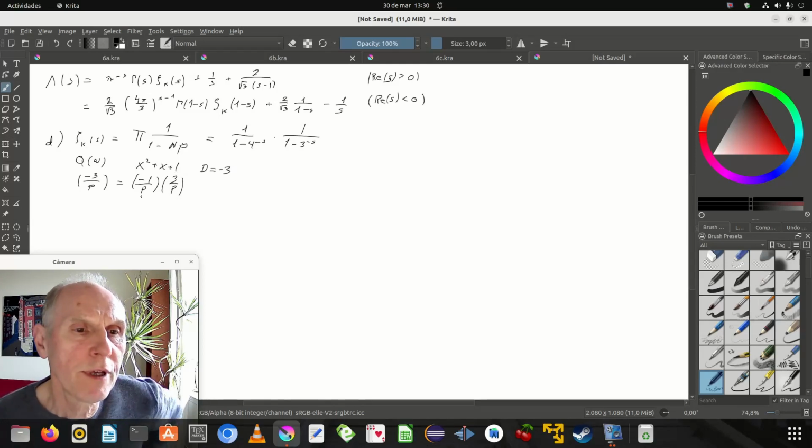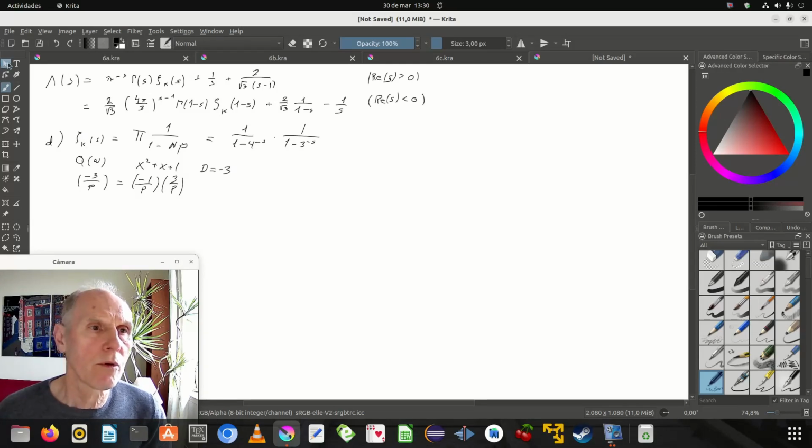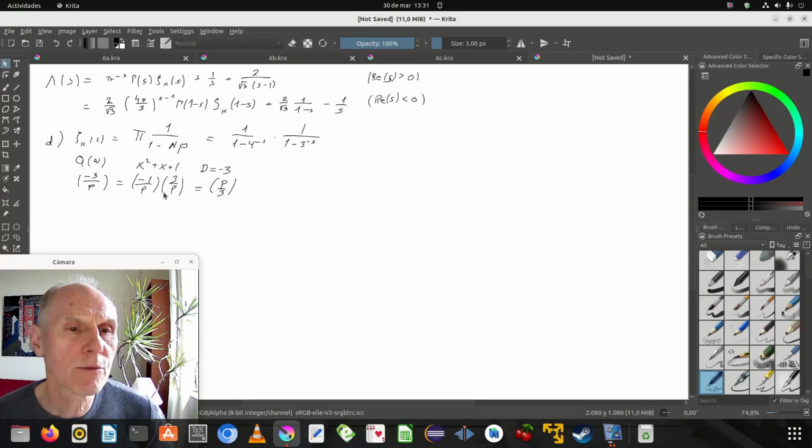And if p is equal to 1 modulo 4, then this gives plus, and we may reflect this. And if p is equivalent to minus 1, that is 3 modulo 4, then this gives minus 1, and we must change sign.